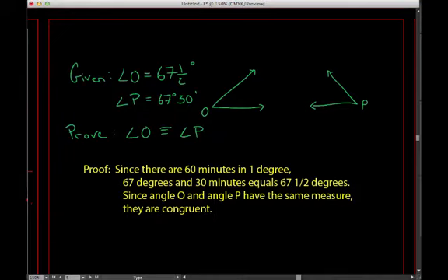It's not really so much a statement and reason, and it's not the same as the proof we looked at in the last lesson, but it's a way of us trying to explain logically. Since there are 60 minutes in 1 degree, then 67 degrees and 30 minutes is the same as 67 and 1/2 degrees, and then they have the same measure and they're congruent. So similar, but a little bit different.